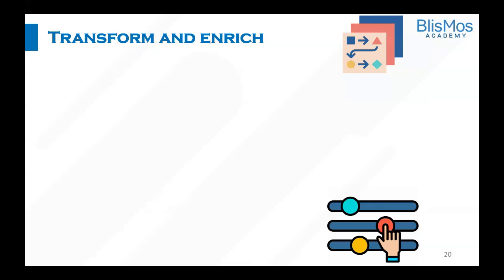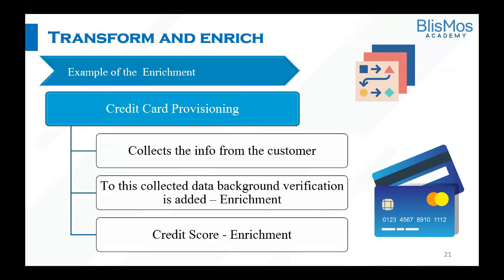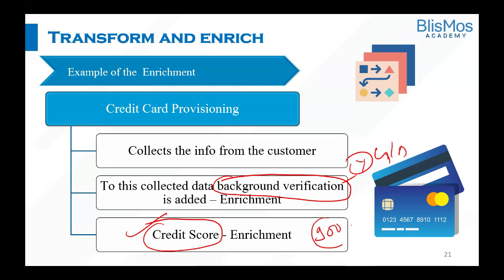So now the data collected from you directly may be put into the proper format. That is a transformation. But in order to give a credit card, they'll also consider the background verification data. Whether the background verification is proper, yes or no. What is the total credit score in India? Is it 900, Vinith? 900, right? So out of 900, how much credit score a person has.